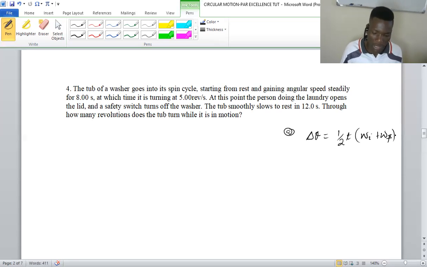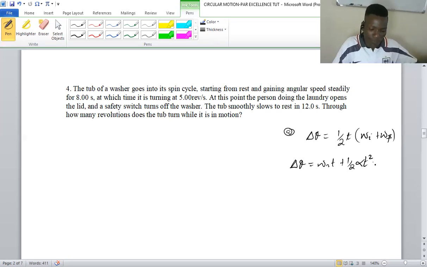Yes. The other way is using this formula. You have to get the same. So here you'll be required to find the angular acceleration.